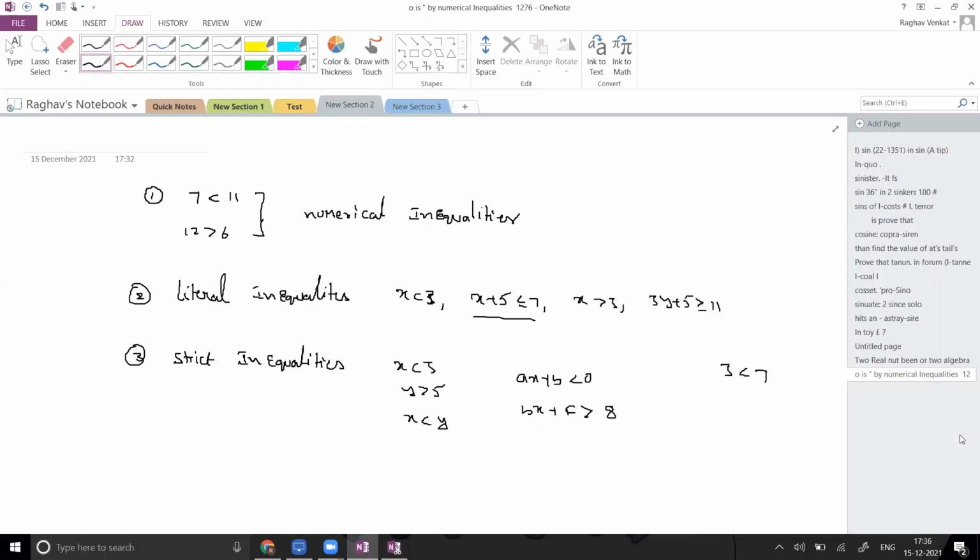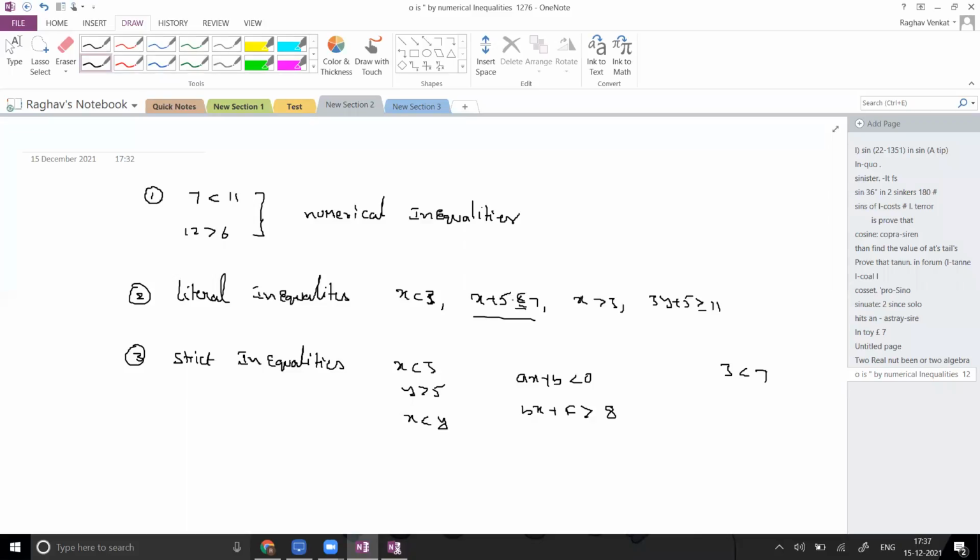See, x plus 5 is less than or equal to 7. It's literal. That's not strict. That's what I'm saying. All strict are not literal. All literal are not strict. What is the meaning of all?